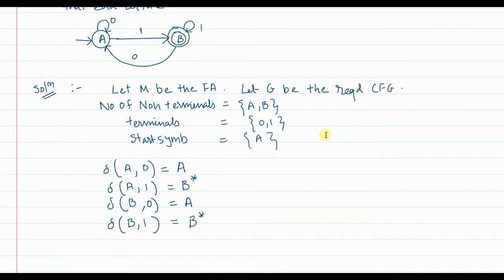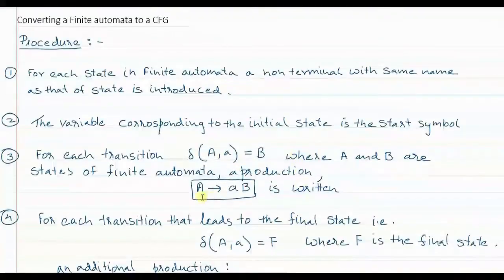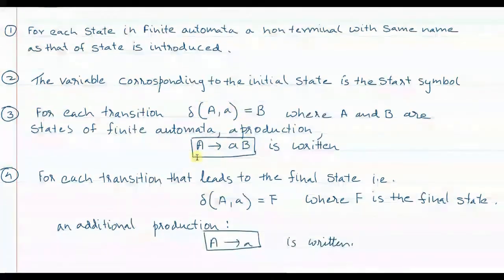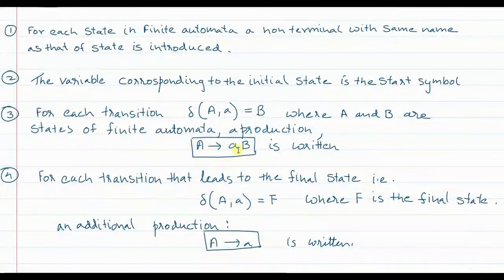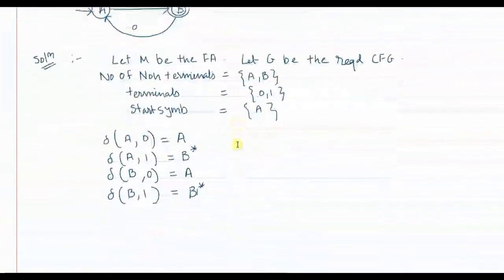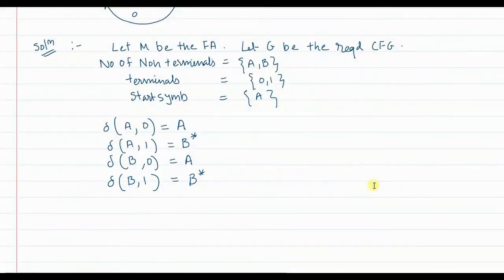And transition from state B on reading 1, it remains in B, and this is the final state. Now first we will use this formula, step 3. If the transition is of the type delta(A, a) = B, then each transition is converted to a production of the type A gives aB using this formula. The production for the first transition is A gives 0A.